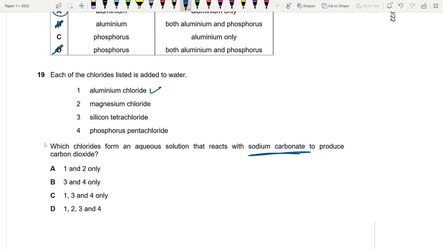Okay, so magnesium chloride does form a slightly acidic solution like 6.5, but it isn't acidic enough to react with sodium carbonate. That's why we're going to skip 2, but these two are really acidic, so they're going to form a very acidic solution which will react with sodium carbonate. So it's going to be 1, 3, and 4 clearly.